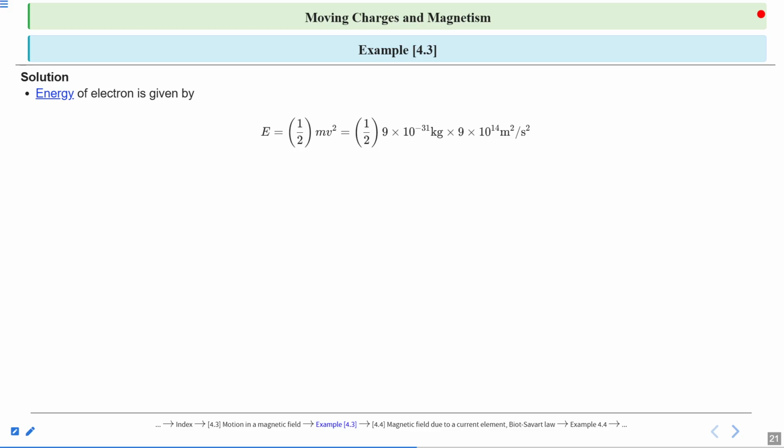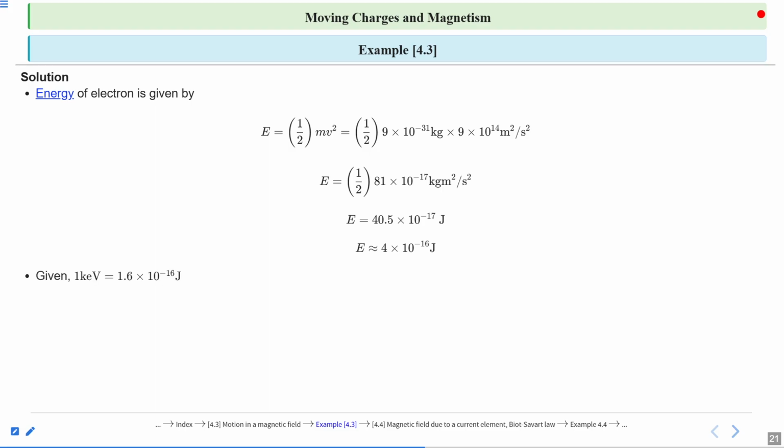Velocity is given as 3 into 10 to the power 7, so after squaring it, it will become 9 into 10 to the power 14, and the unit will become meter square per second square. After solving, E equals half into 81 into 10 to the power minus 17 kg meter square per second square. Kg meter square per second square is known as joule. So energy is equal to 40.5 into 10 to the power minus 17 joule, which is approximately equal to 4 into 10 to the power minus 16 joule.